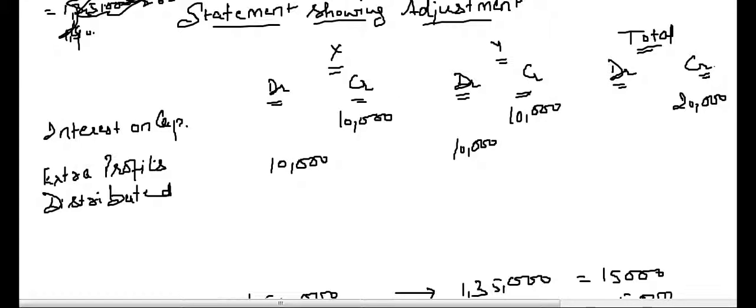Here what will happen is, now the profits, how much they have been paid extra? X has been paid 15,000 extra. I'll take it as 15,000.